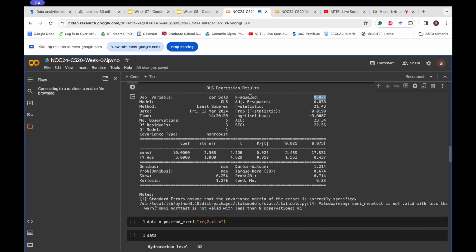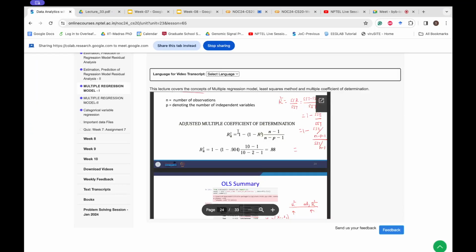Okay, so we saw r square, we saw adjusted r square, which takes the number of independent variables into consideration, and F statistic over here. So this F statistic is nothing but sum of squares due to regression divided by sum of square due to error, or mean sum of squares.